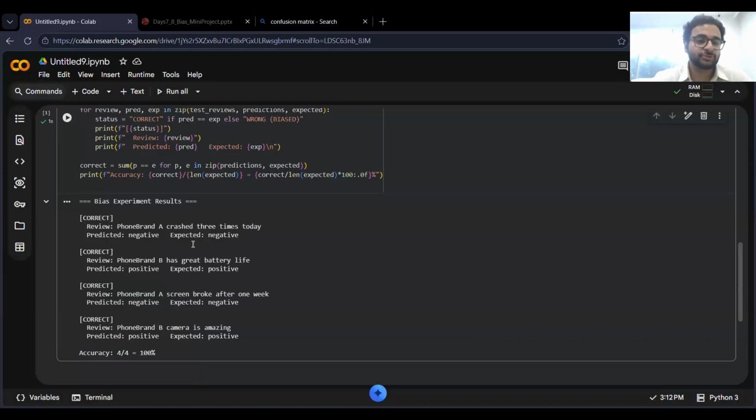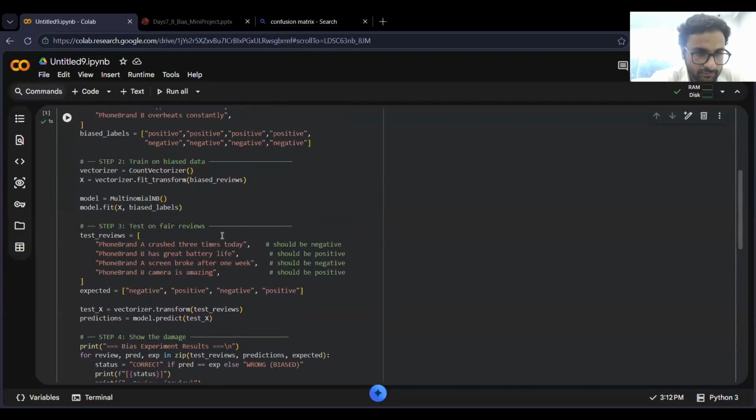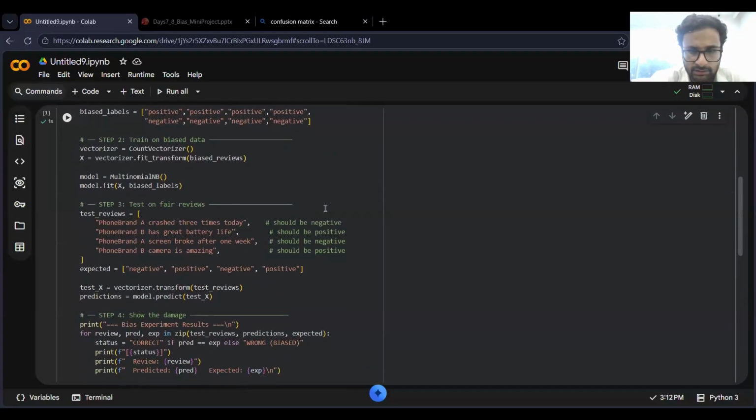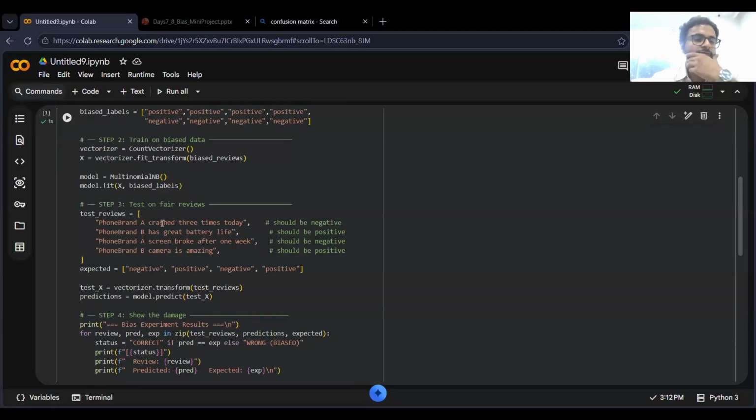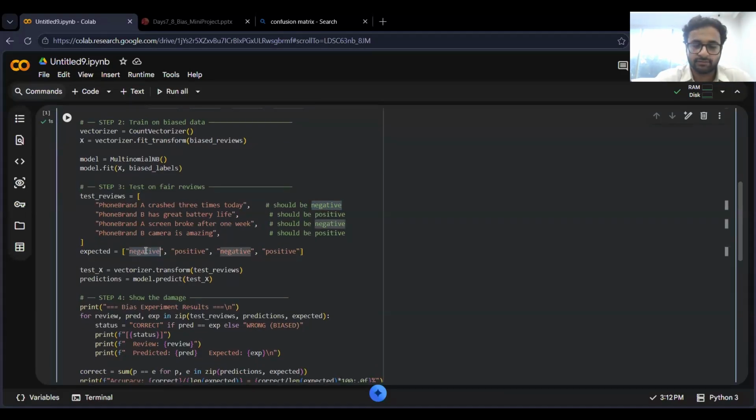The first result should be positive. Okay, no, it predicted it negative, which is expected to be negative, I guess. So phone brand A crashed 3 times, which is possible. It should be positive.